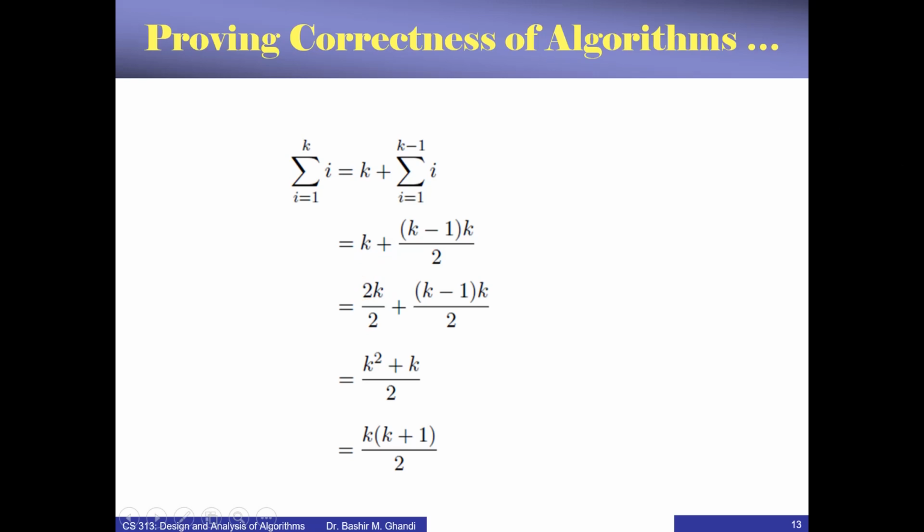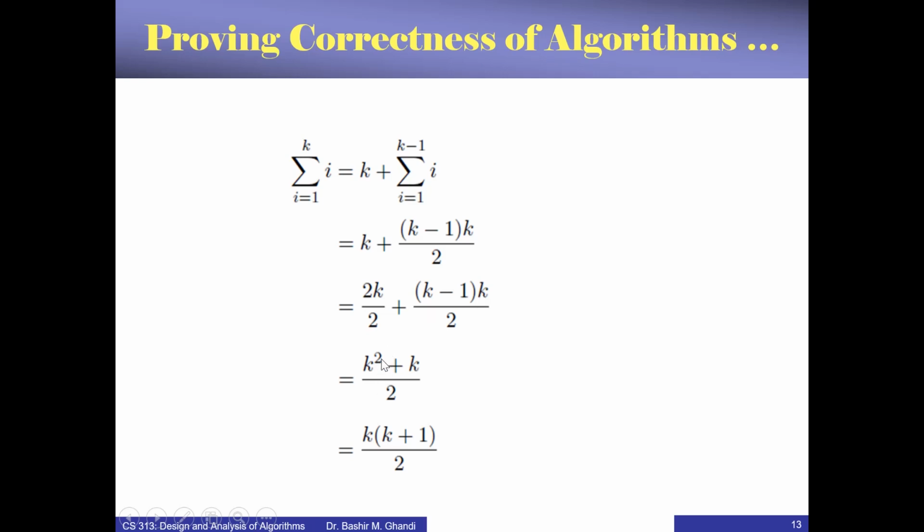Alright, so that means we now have two fractions of the same denominator 2, so we can just add the numerators. So 2k plus k minus 1 times k. Well, if you expand this, it is k squared minus k.